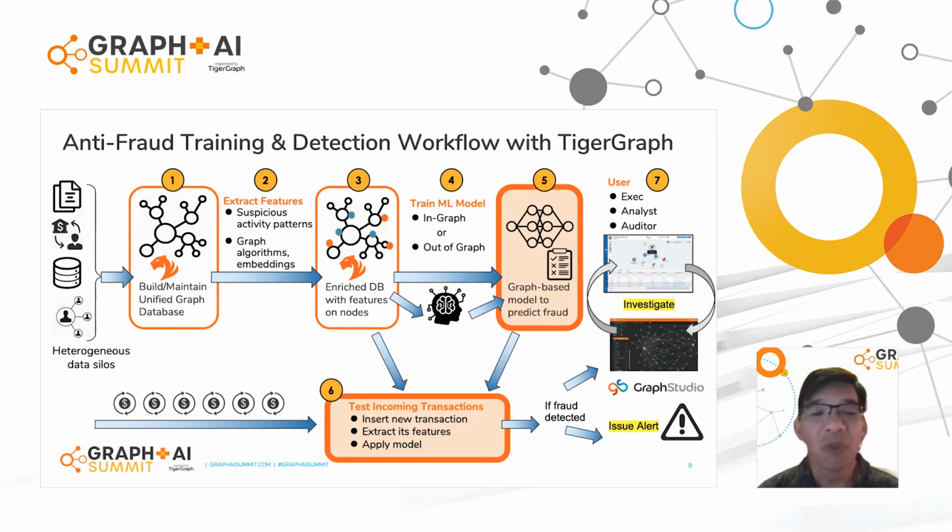You then, through a combination of maybe use case specific pattern searches or standard graph algorithms or graph embeddings, analyze the graph data to extract features of interest. So that produces your enriched database. So not only do you have a graph, but you have a graph which tells you even more about the data that you're interested in.